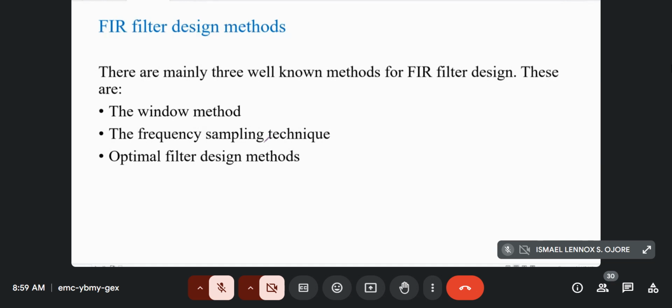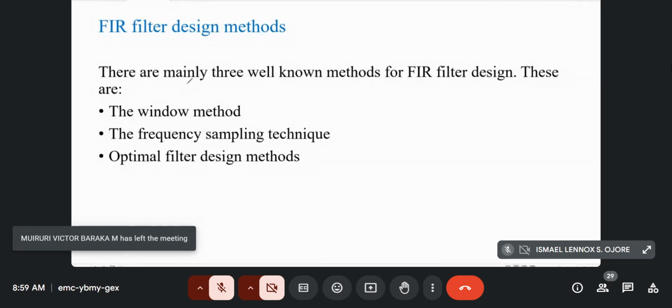You're dealing with samples of the continuous-time signal, so what you basically have is a DTFT.